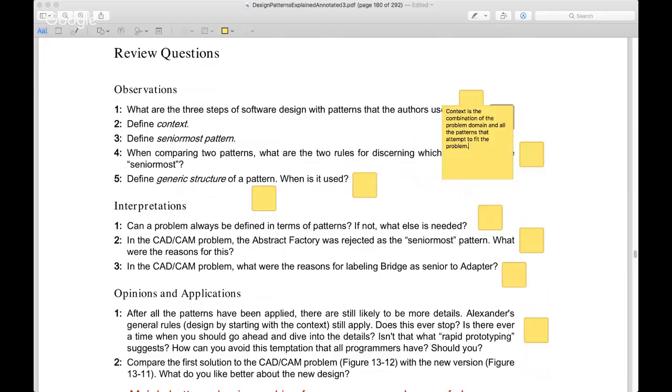Context is the combination of the problem domain and all the patterns that can potentially fit the current context, or the current problem. Problem being the forces and stresses that are creating the problem.